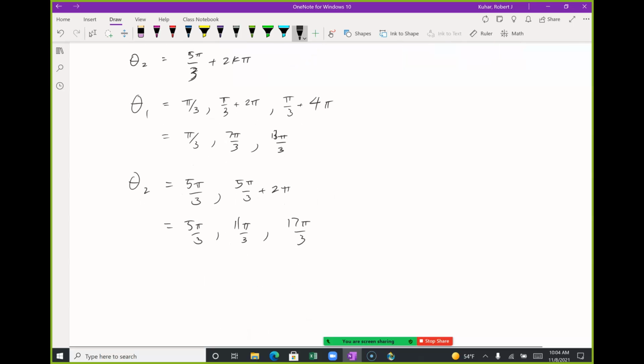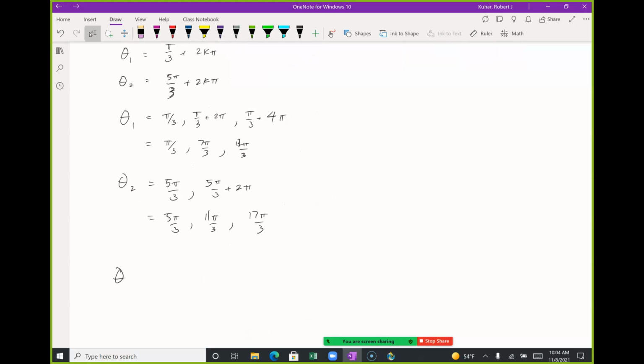Okay, so now I'm looking at theta as pi over 3, 5 pi over 3. I'm taking them in order. 7 pi over 3, 11 pi over 3, 13 pi over 3, 17 pi over 3, and I'm wondering, is there a formula for this?